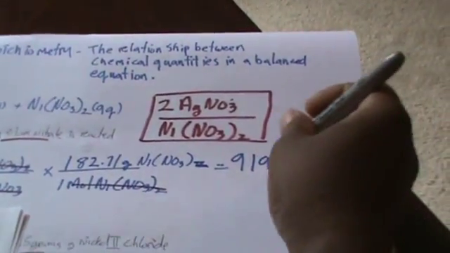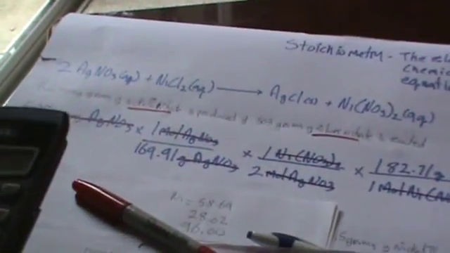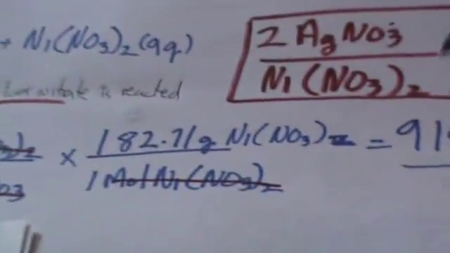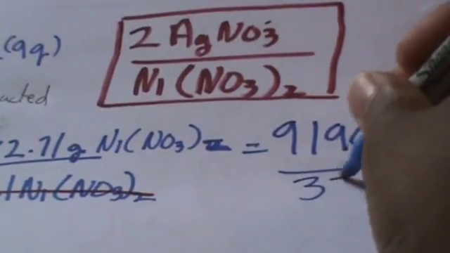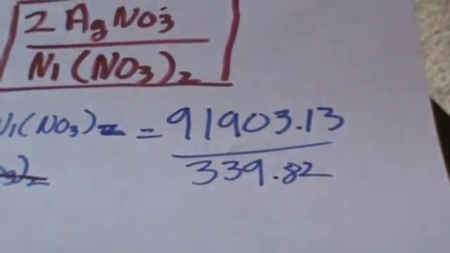But we'll get to that after. And that's going to be divided by 169.91 times 2, which equals 339.82.